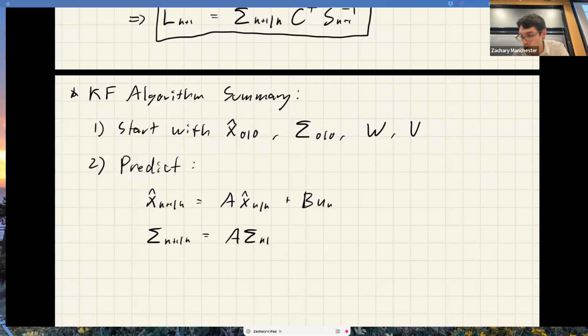You can have noise as functions of exogenous variables, actually. One example where you might want time varying noise is if the noise on your IMU is a function of temperature, which is actually not crazy. People have done this. If you have a temperature sensor, you can have a lookup table for V as a function of temperature and plug that in in real time. That's a real thing.